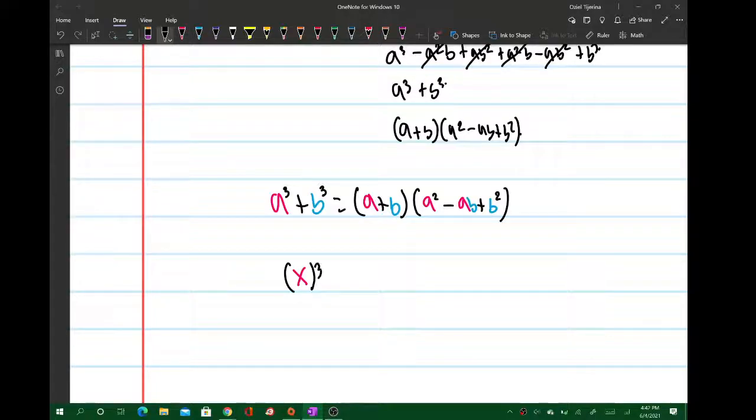So that means that x cubed plus 1, if I do x cubed plus 1 cubed, this is going to be really just x plus 1 times x squared minus x times 1 plus 1 squared.